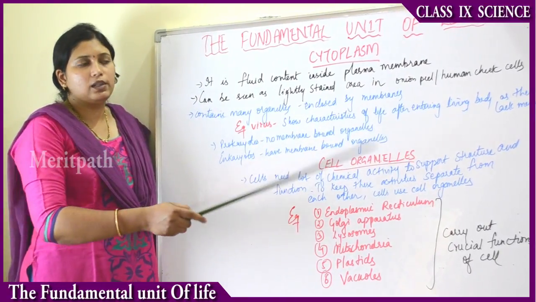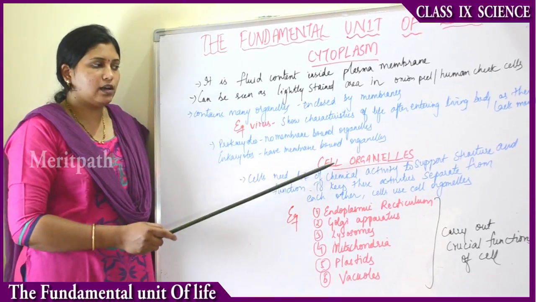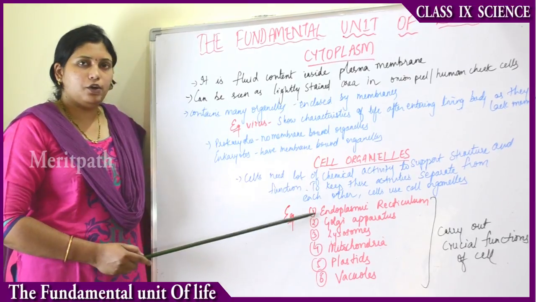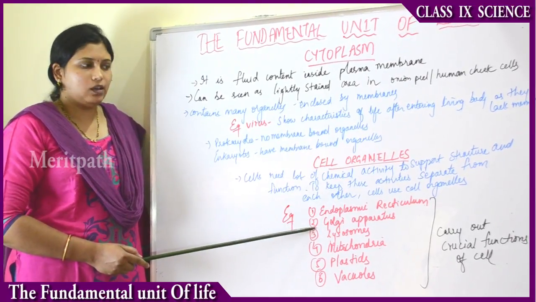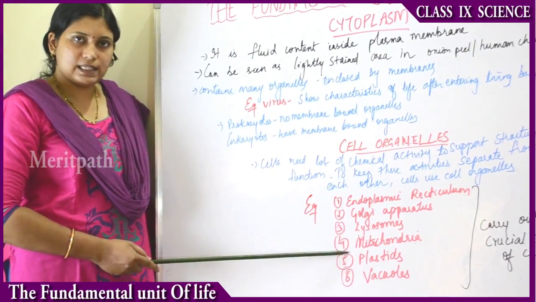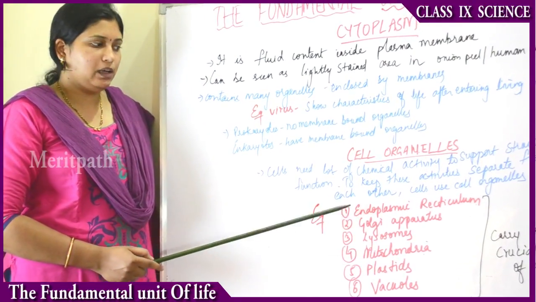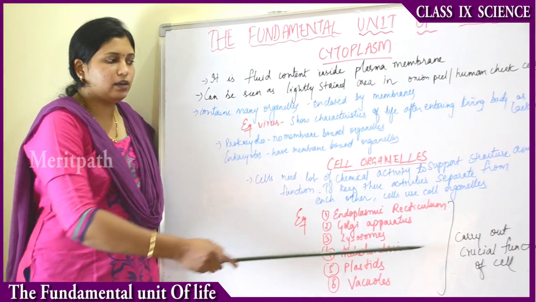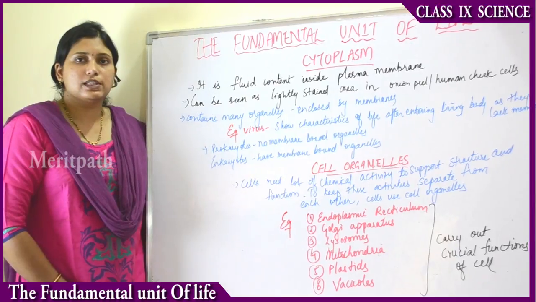To keep all these activities separate from each other, there are substances called cell organelles. They are endoplasmic reticulum, Golgi apparatus, lysosomes, mitochondria, plastids and vacuoles. Now we shall deal in detail with these 6 cell organelles, and these are very important. They carry out the crucial functions of the cell.